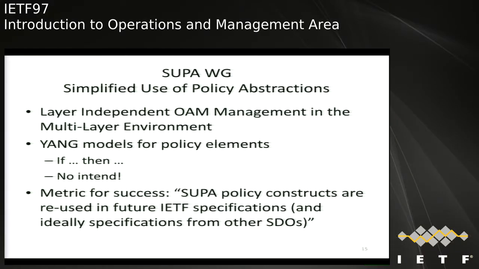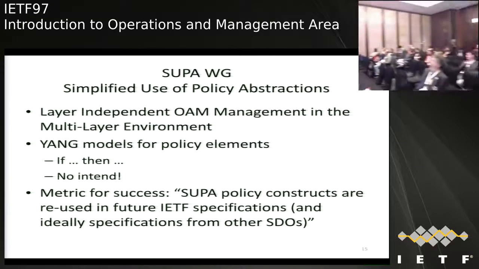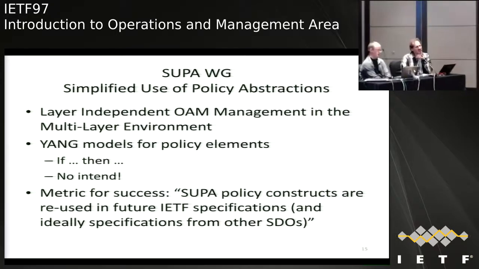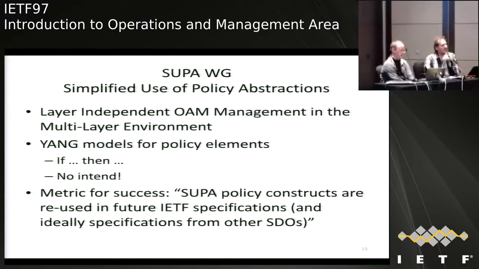Small message. So the SUPA working group. Now, in management, we always want to monitor things, but in terms of configuration, there are always policies. If I see this traffic, I'm going to block it. If I see this traffic, I'm going to rate limit it.